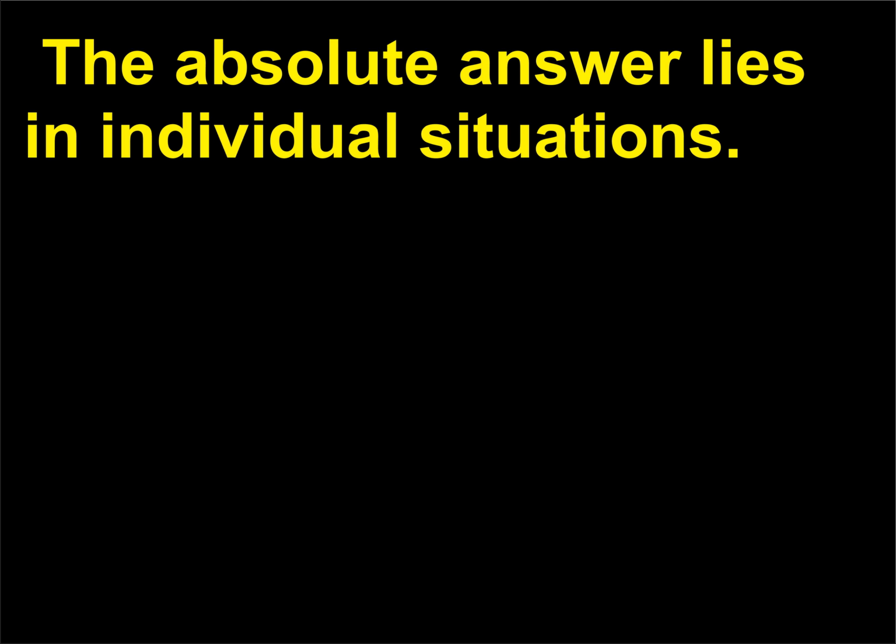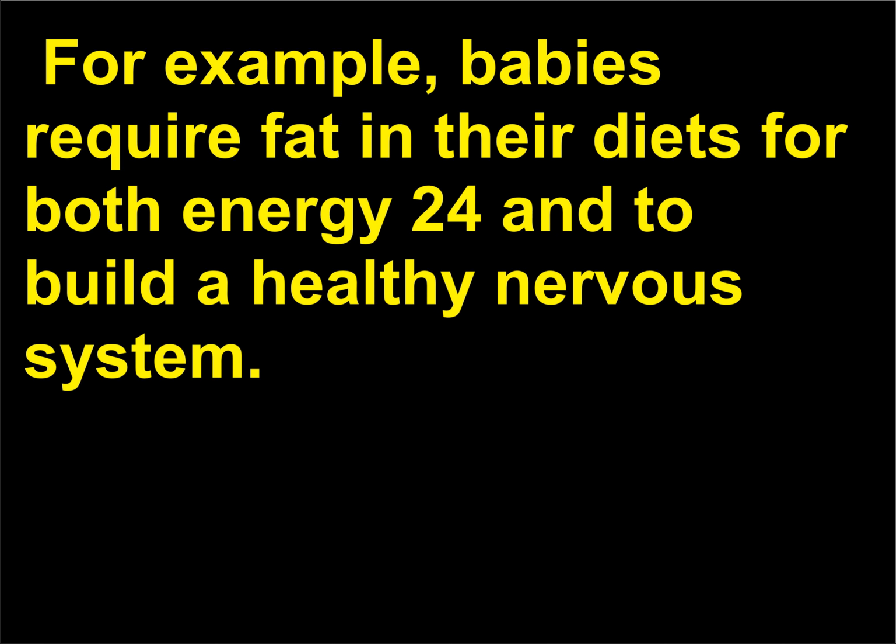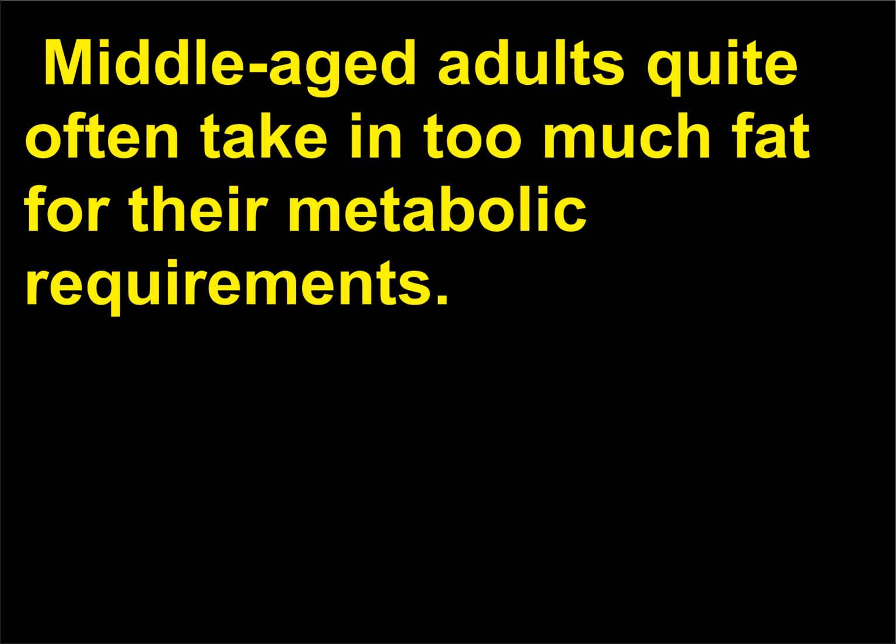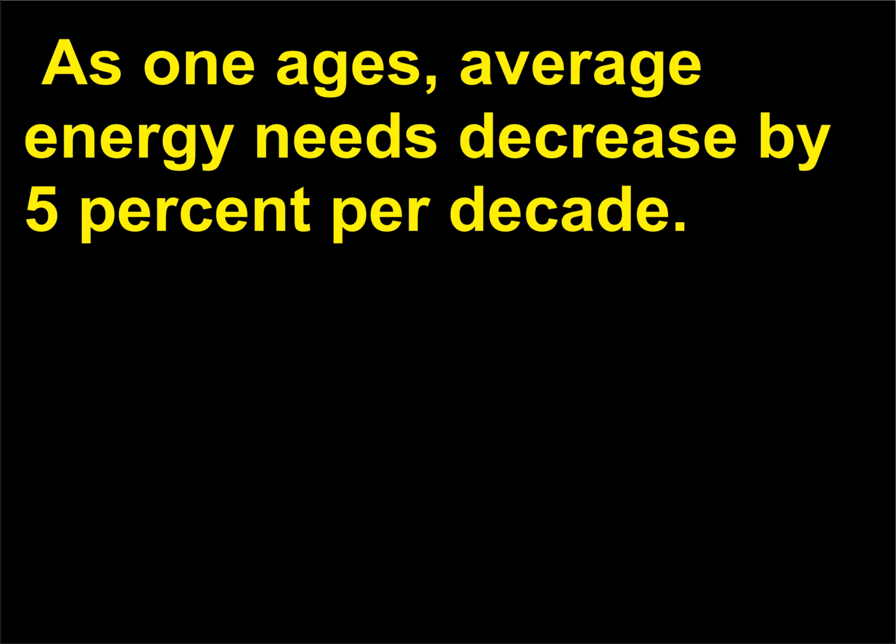The absolute answer lies in individual situations. For example, babies require fat in their diets for both energy and to build a healthy nervous system. Middle-aged adults quite often take in too much fat for their metabolic requirements. As one ages, average energy needs decrease by 5% per decade.